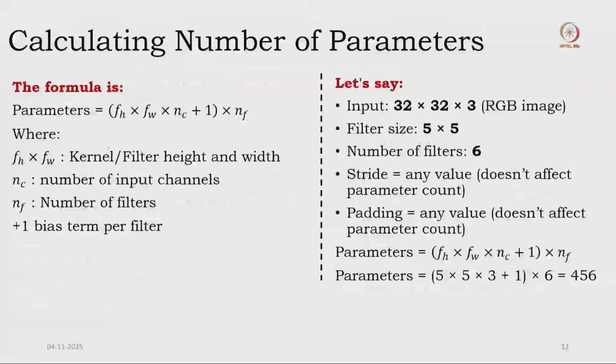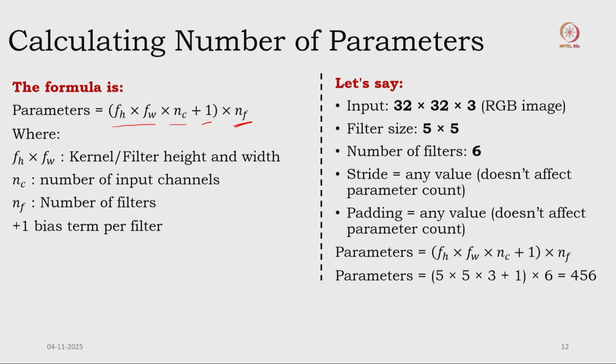The mathematical formula is given by kernel height and width, and the number of input channels, whether it is one channel or 3 channels, and then the bias term, and NF indicates the number of such kernels or filters we are using.